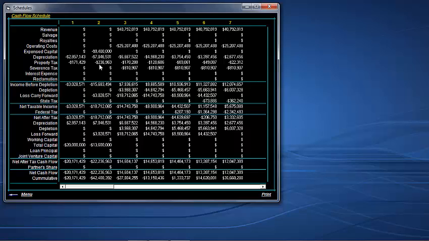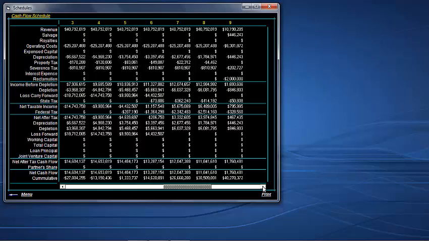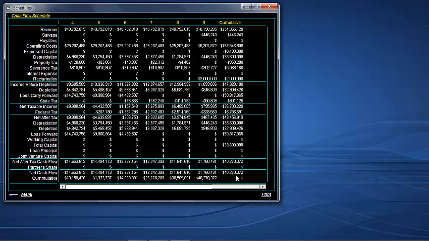Operating costs here, then of course all the considerations all the way down through the project as far as tax treatments, capital treatments, tax calculations, adding back in all those considerations for the tax calculations, and then the after-tax cash flows here, the net cash flows there, and then the cumulative across the bottom for the entire project life.